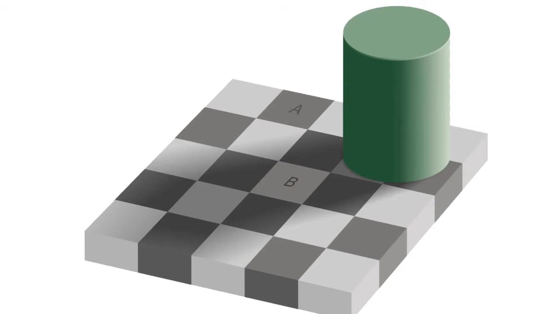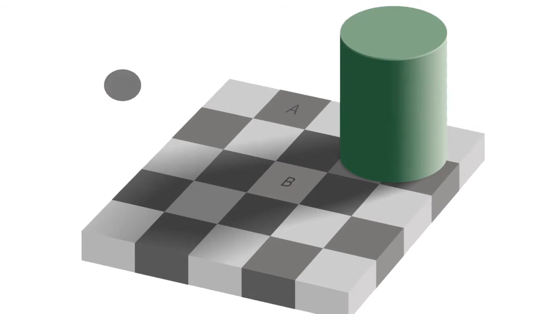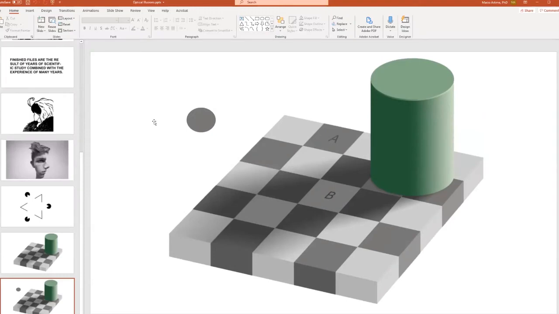Now, what we're going to do is go to another slide, and notice that now I have this little circle here that I created. And I'm going to get out of the PowerPoint so that I can show you this. So this is just a geometric figure that I made. I just colored it, right? And you look at it now and you say, this is the same exact color as this, right?